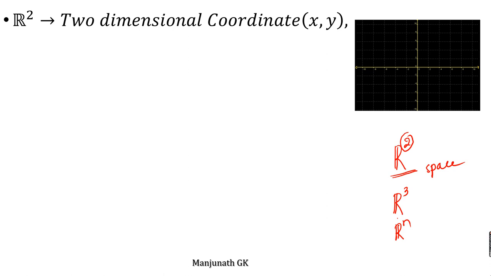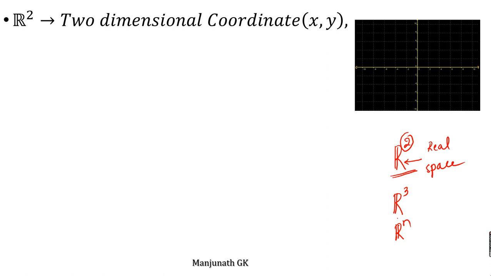Dimensions can be 2, 3, 4, 10, and so on. For that reason, the space is denoted by R. The term R is used because in that space all the values are real.